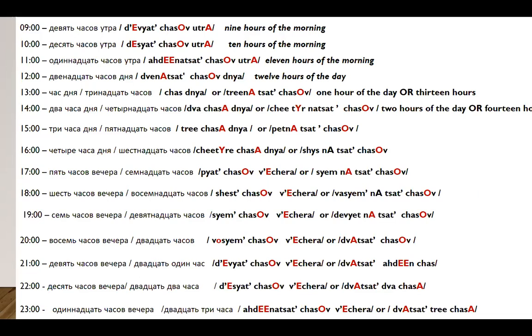I didn't put it here, but just like midnight, half a night, literally, in Russian полночь, the same way we have полдень, half day. 12 o'clock of the day, 12 o'clock daytime, 12 p.m.